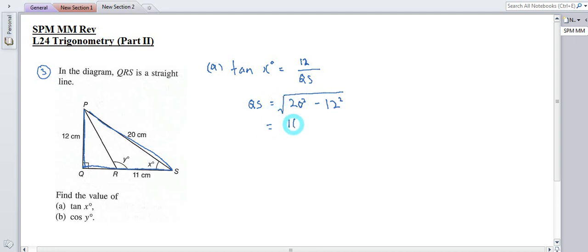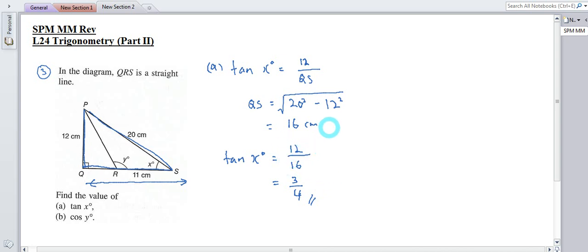So you will get 16. Now QS is 16. So tangent X is equal to 12 divided by QS, which is 16. Then you can simplify this. So the answer is 3 over 4.